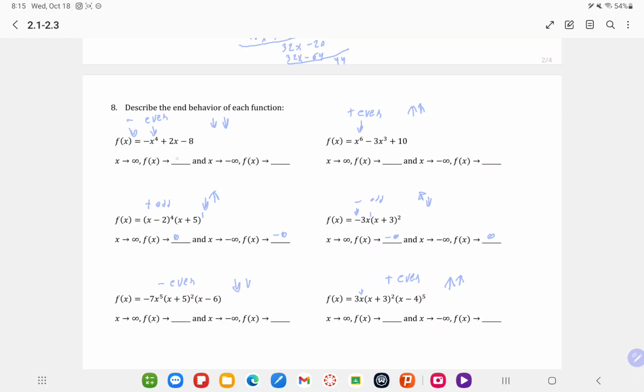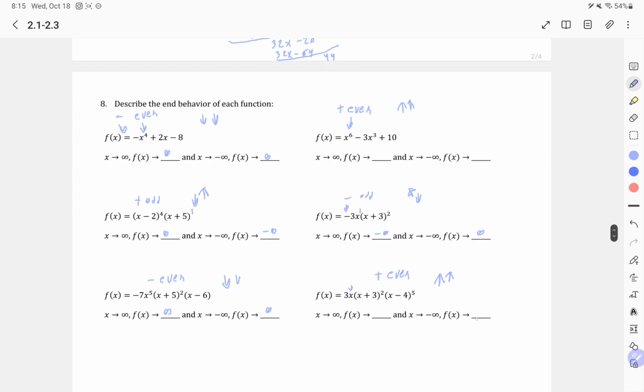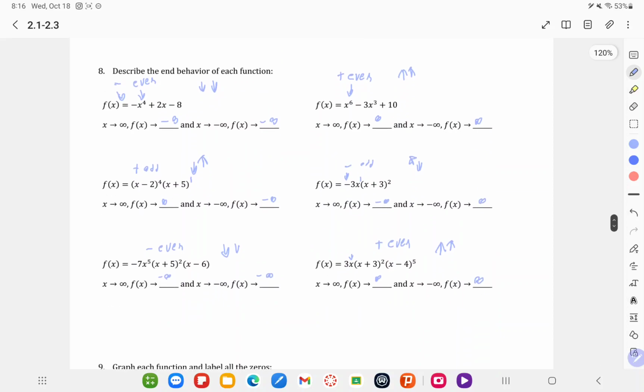We have positive even, so it's infinity and then infinity, because as x goes to infinity, y goes to infinity, and as x goes to negative infinity, y goes to infinity. Now, the same goes for this one as well, infinity, and then for this one it would go to infinity, and then, I actually made a major mistake on this one.